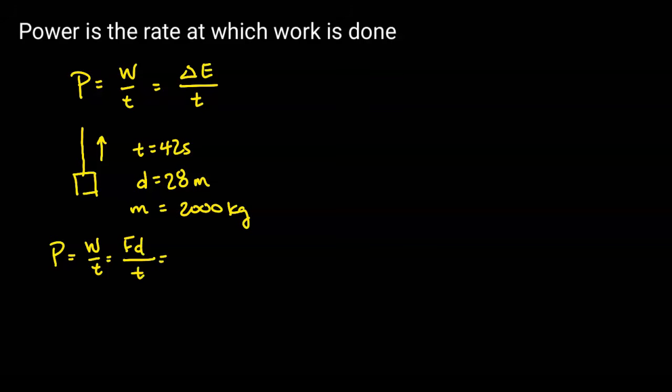We're assuming that the force and displacement are in the same direction. The force is mg, so 2,000 kilograms times g, 9.8, times d, 28 meters, divided by the time of 42 seconds, and we get 1.3 times 10 to the fourth watts.